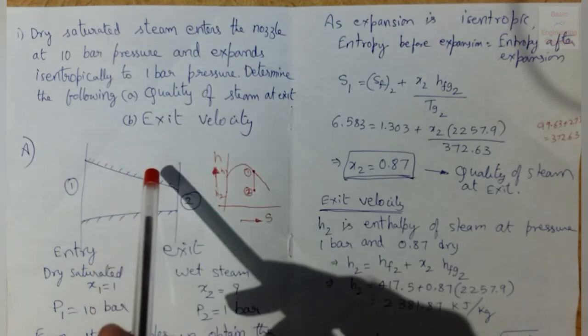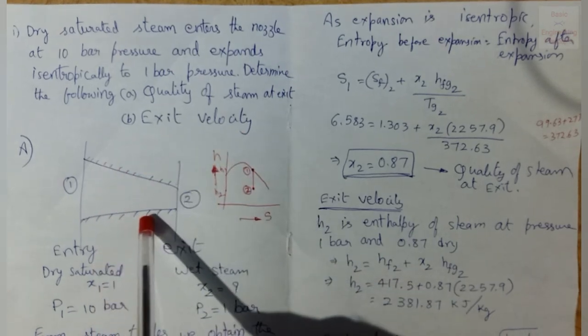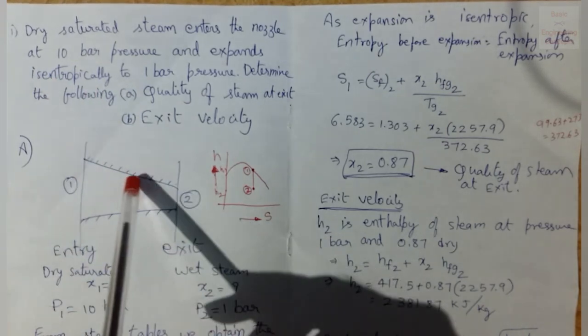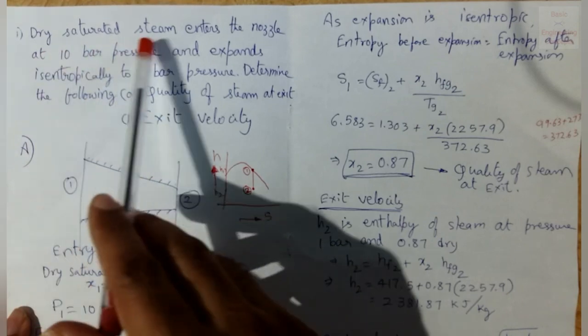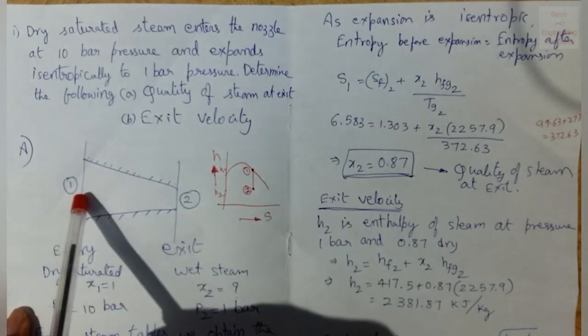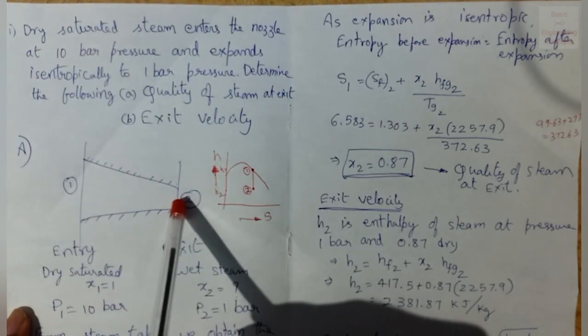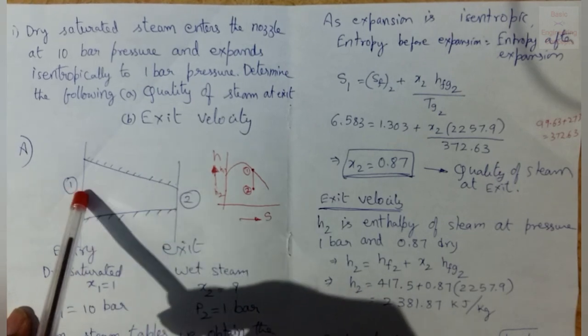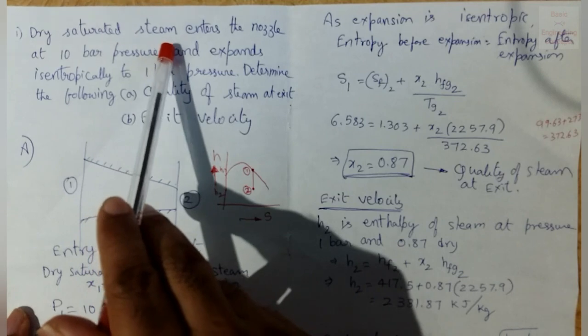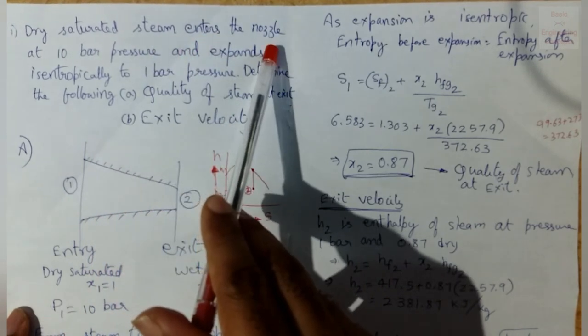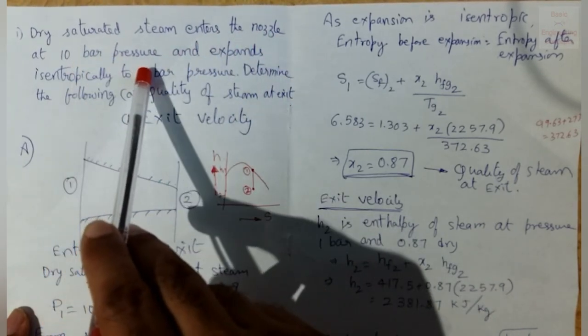So this is the nozzle, an insulated nozzle, insulated because expansion is isentropic. Dry saturated steam, this is the entry of the steam and this is the exit of the steam. So at entry, what are the conditions that are given? Dry saturated steam enters the nozzle at 10 bar pressure.